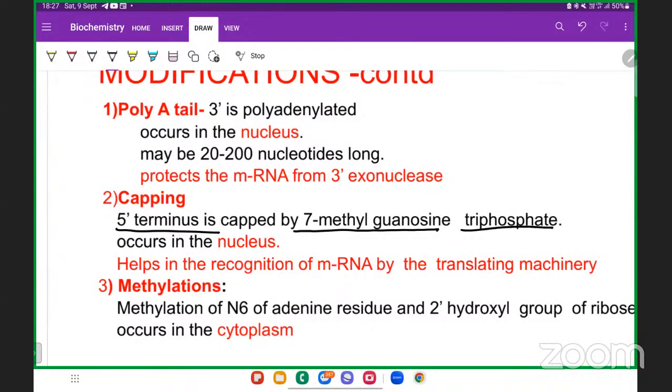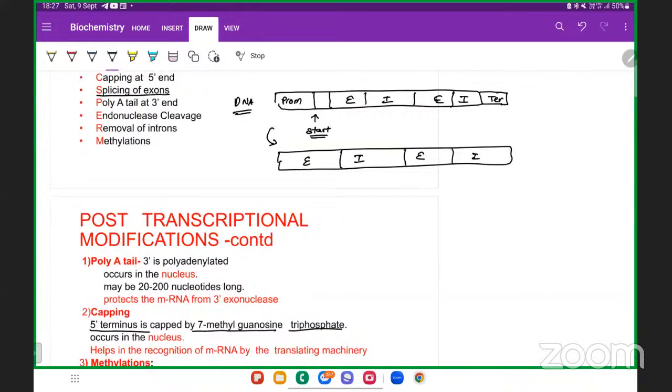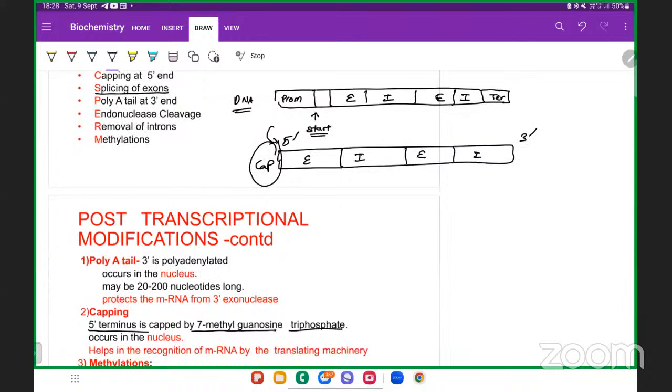This cap is the first step at the 5' end. This is going to be a 5' end, and this is going to be a 3' end. At the 5' end you put a cap. What cap is it? 7-methyl guanosine.